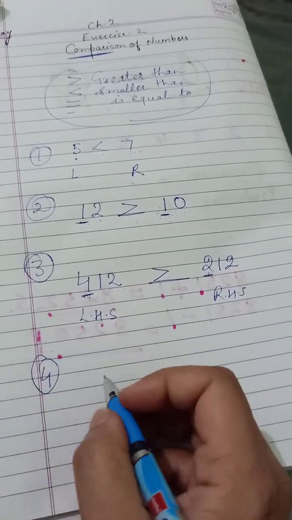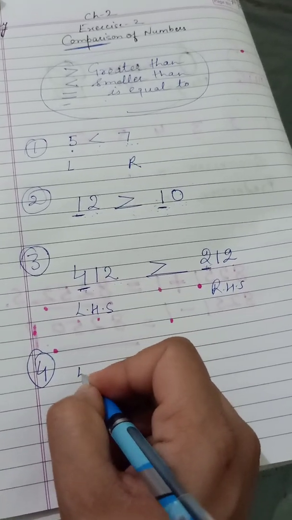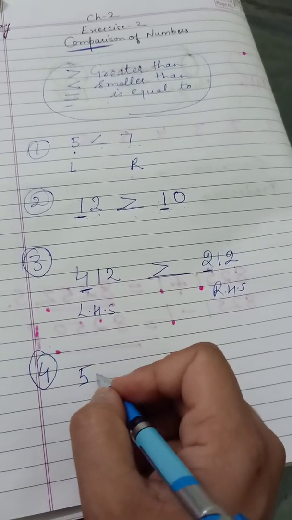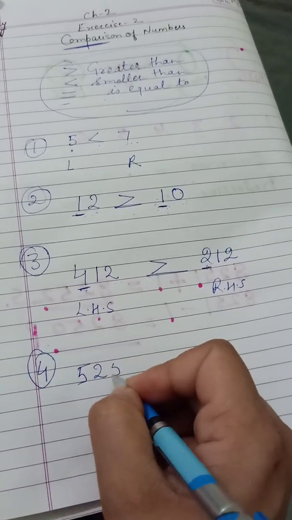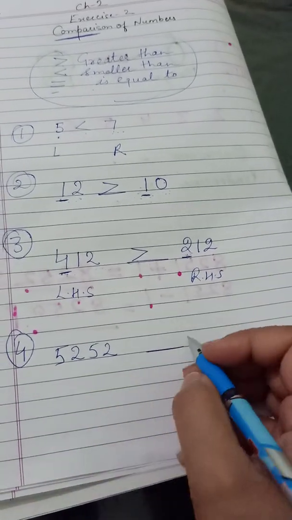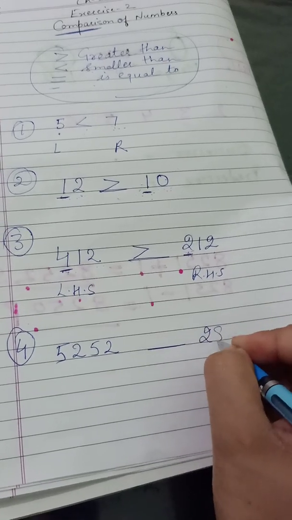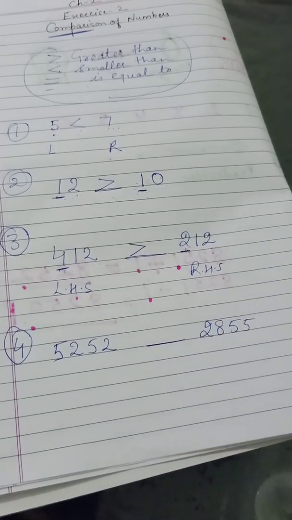Let's have one more example. Now I am going to show you an example of 4 digits. Suppose on the left hand side we have 5252, and we need to compare this with the right hand side number, which is 2855.